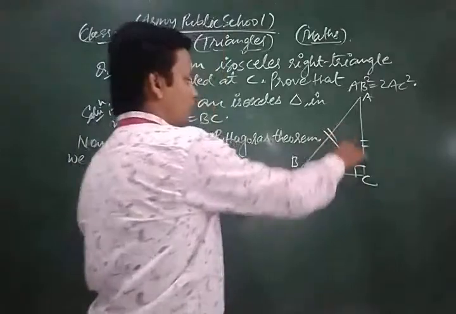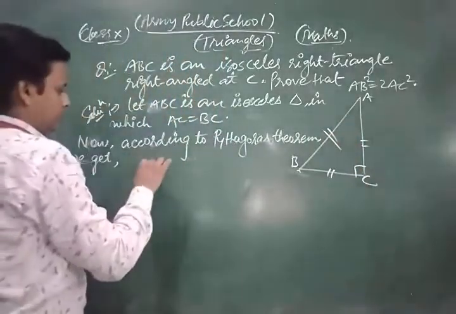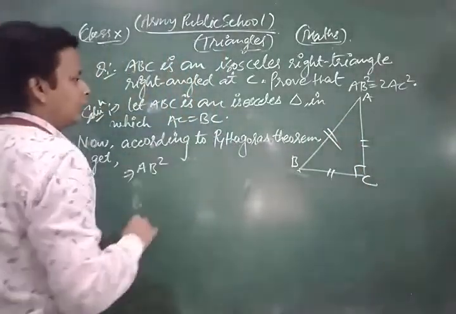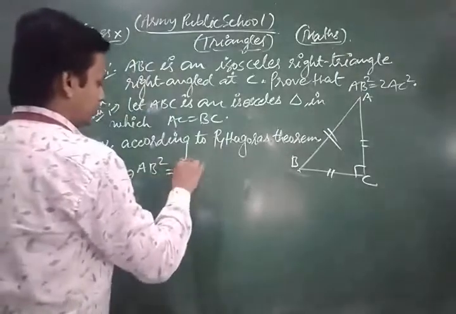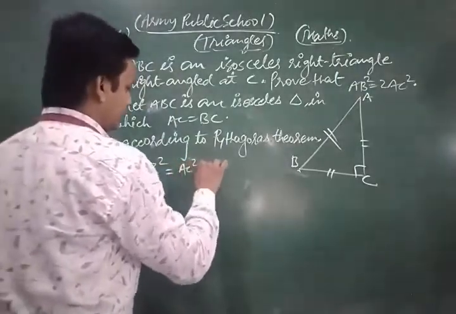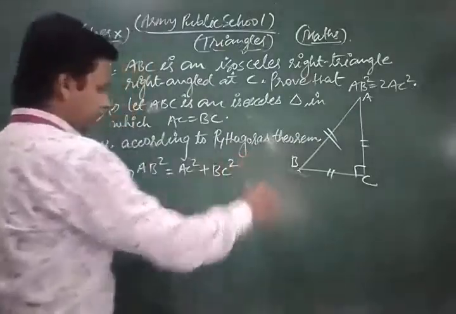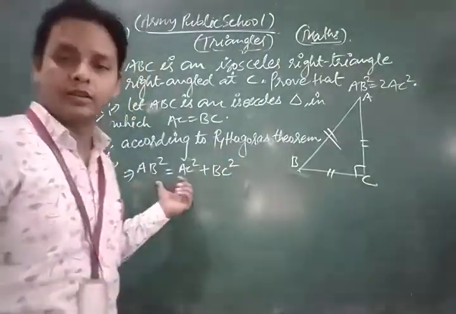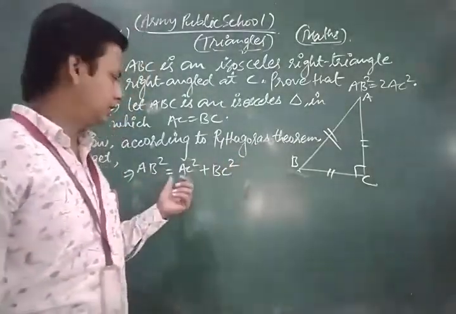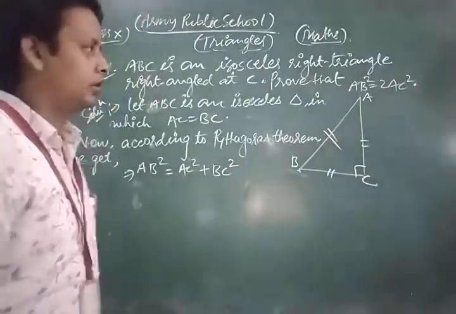So here AB square is equal to AC square plus BC square. AB square is equal to what? AC square plus BC square.